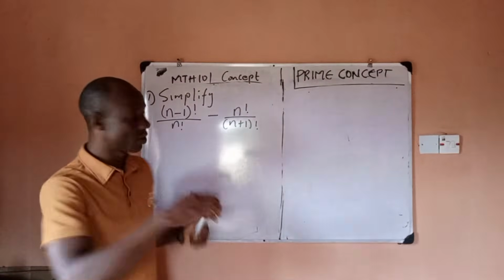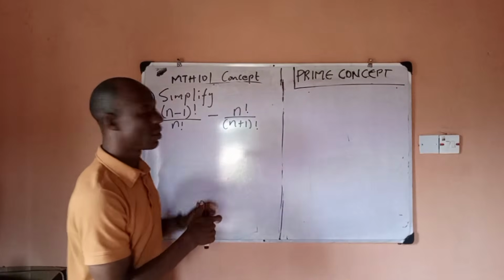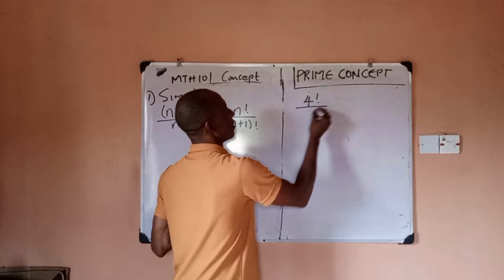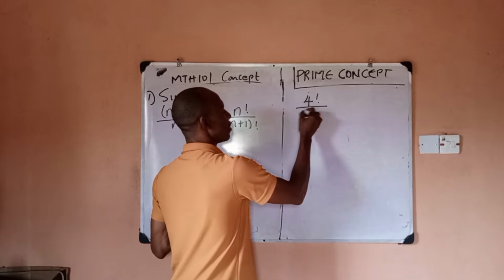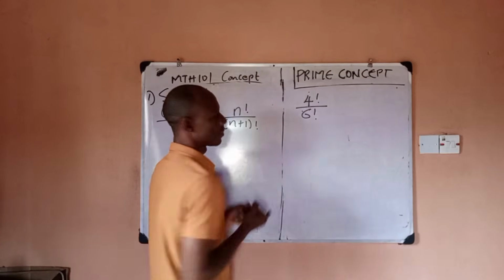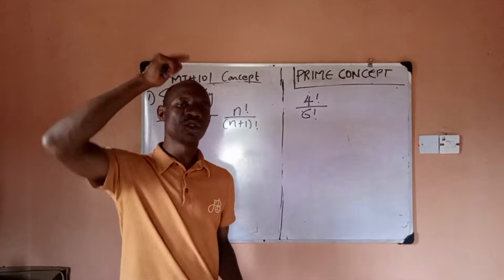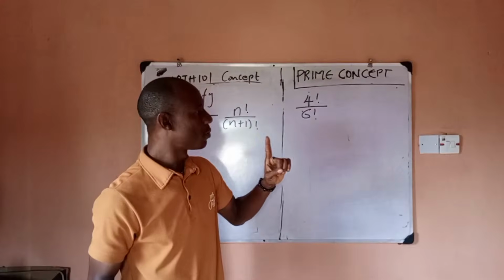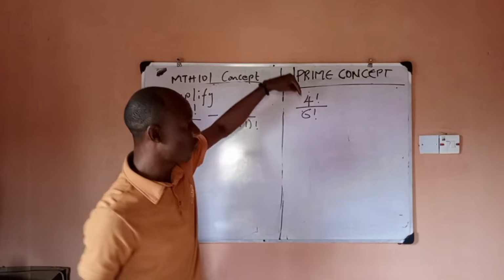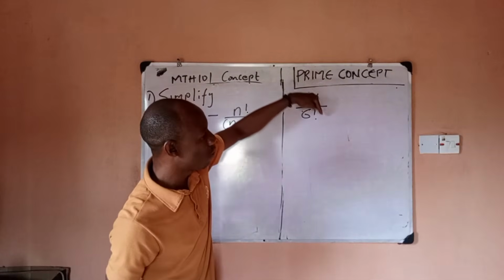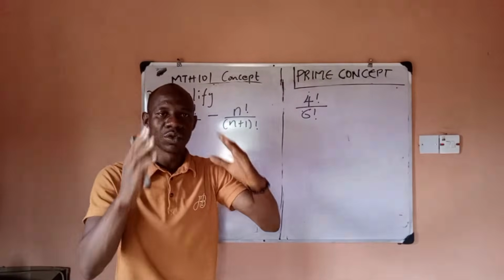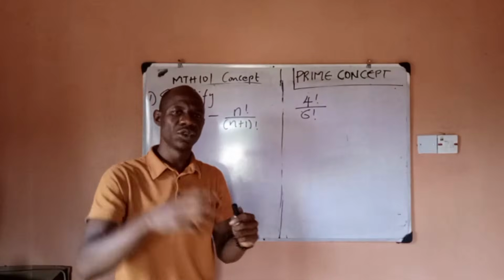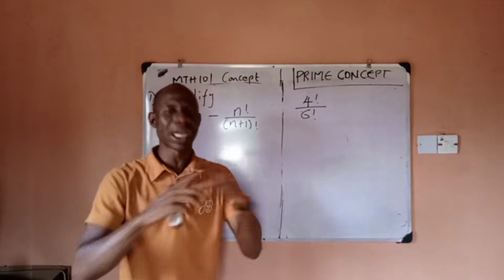I want to give you a simple thing before I solve this so that it makes sense to you. Now, if you have, let's say, 4 factorial over 6 factorial, I want you to never try this in your whole lifetime. Some people that are very good with maths would rush and say factorial will cancel factorial. If you do that, you have violated the principle that was introduced by Algebra Mukabala.